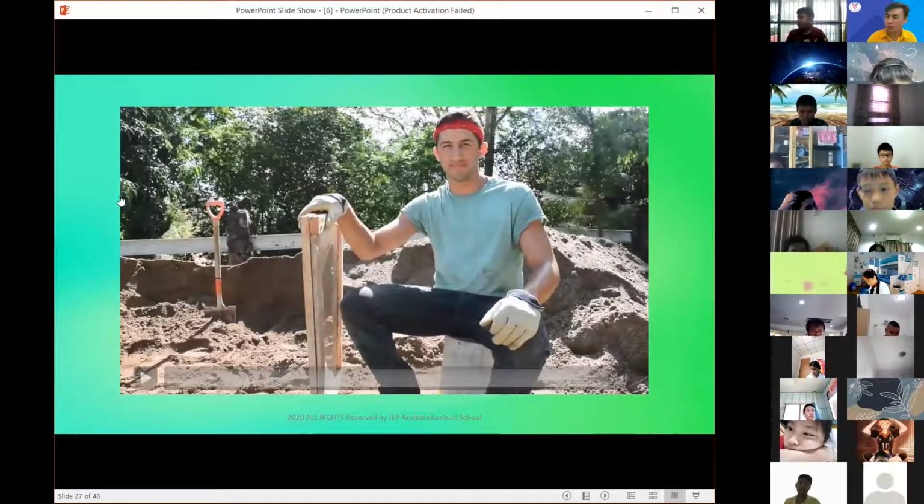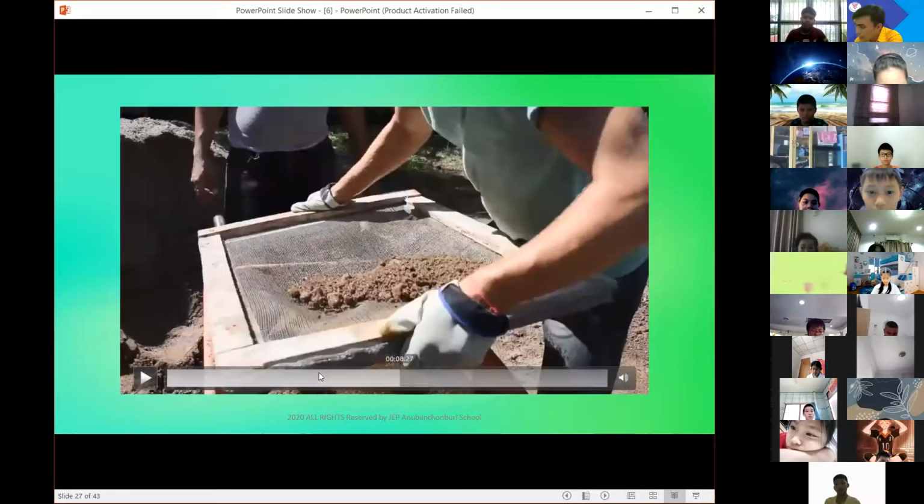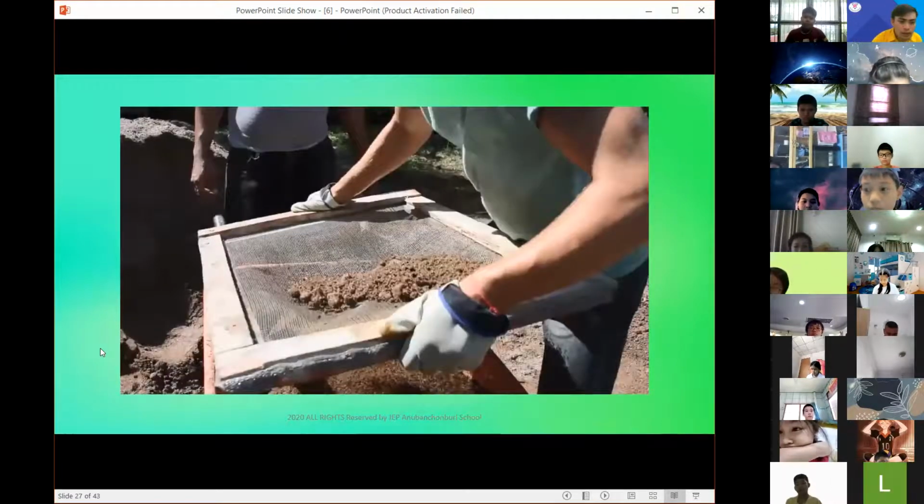Okay, so that is sifting right there. I will go back for a little bit here. Can you see that? There, right there. There is some sand and there are some pebbles as well. When you are constructing, you need to use only the fine sand.